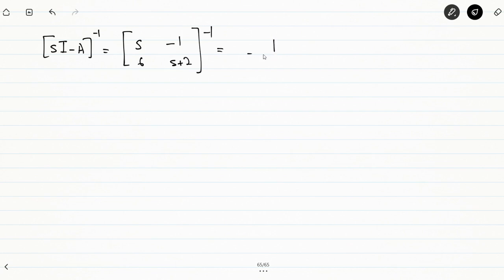The determinant of this matrix is s into (s plus 2) plus 6, that is s square plus 2s plus 6, and the adjoint of this matrix is basically the transpose of the cofactors of each element. The cofactor of s plus 2 is s plus 2.